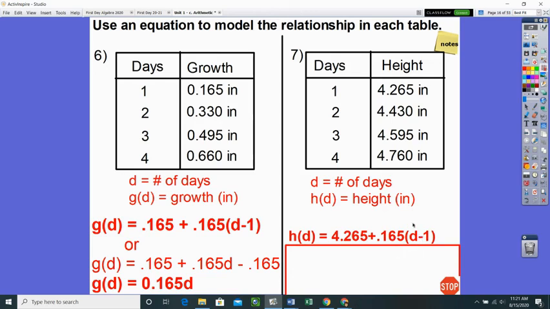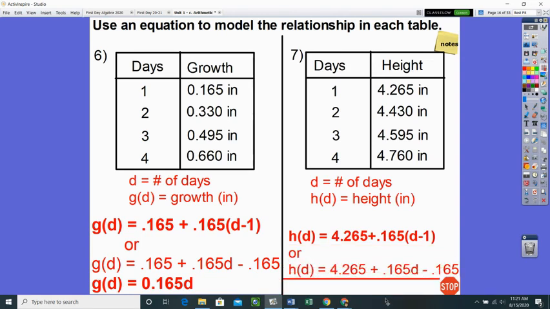Now, if you distributive property and combine like terms, which is what I'm showing you here, and now take away the 0.165, there is your simplified rule. So again, if you need to go back, take a look at any of the examples, feel free. And the filled in notes page will come onto Classroom for you to see at some point. So that will be accessible.